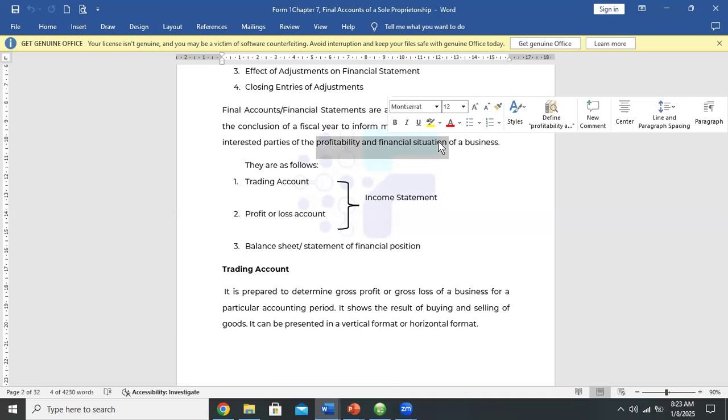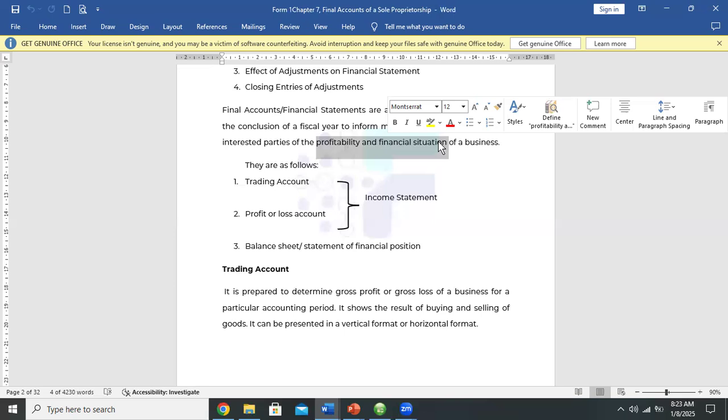So is the business making profit or losses? Okay, and also to tell about the financial situation. The financial situation is about stating the assets, the liabilities, and capital of that business, so that at a glance, you can tell that this business has a lot of assets compared to its liabilities. So if there are any issues, it can sell off its assets to settle the liabilities or otherwise.